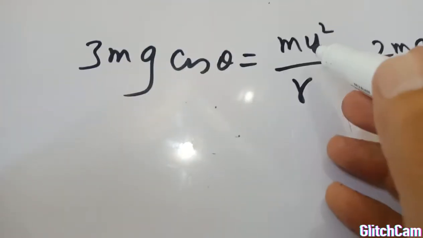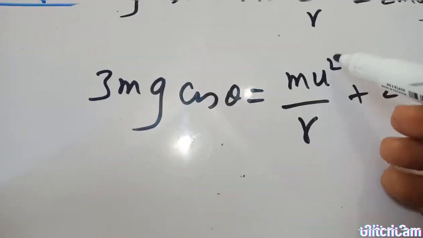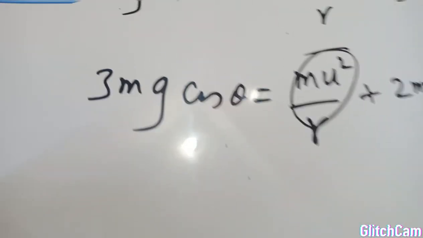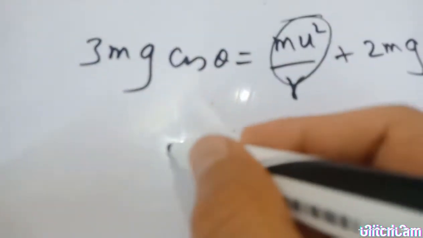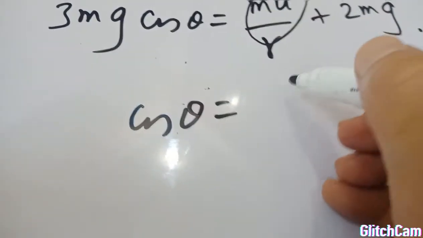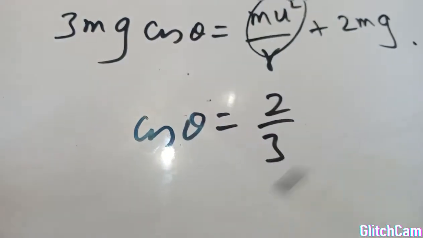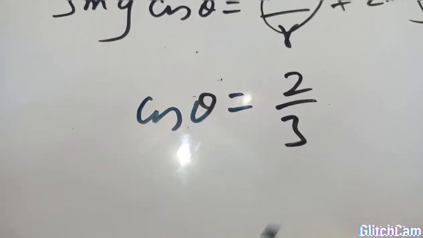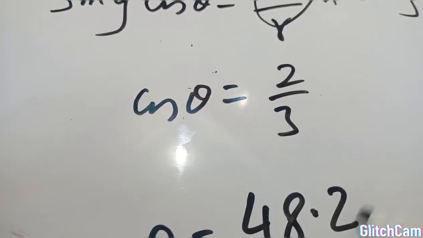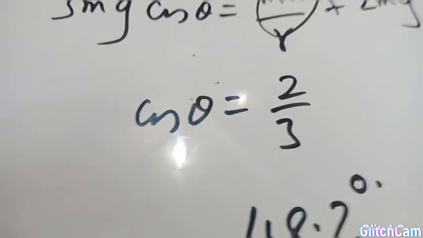When you put u equal to 0, all of this is eliminated, and this mg is cancelled with the mg. So we have cos theta equal to 2 over 3. And if you find this with the calculator, this angle is going to be 48.2 degrees.